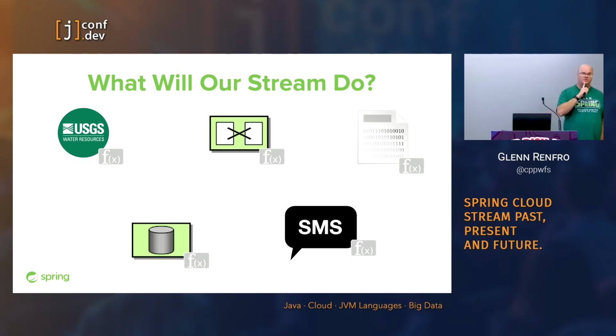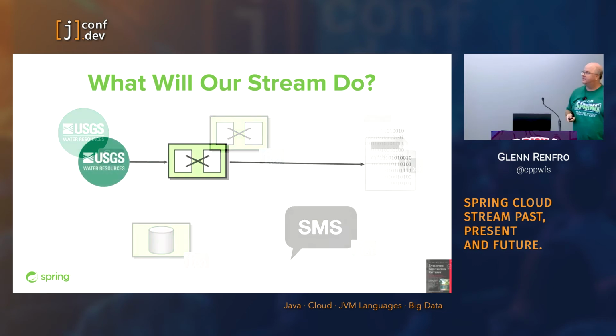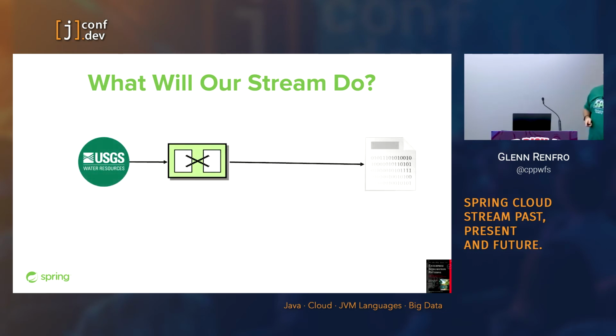So these are the functions I want to create and that I think I can combine together to create a solution. Well, what do I want to do? What stream do I want to create? I'm going to create what I call a foundation stream. This foundation stream is the basics. I want to take a function and put it into a source, and have that be my USGS.